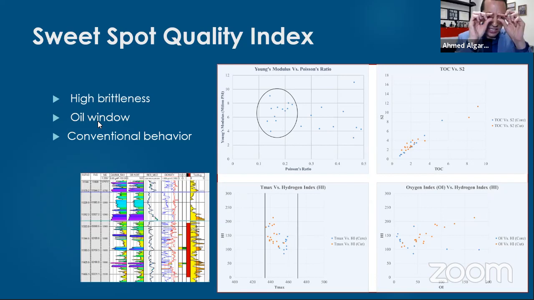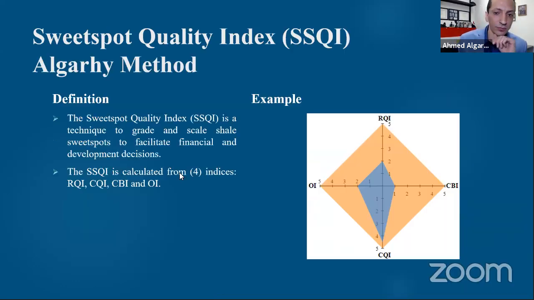So we consider that like a small conventional reservoir in the middle of the shale itself. It means we have these kinds of tiny sands or carbonate saturated with hydrocarbon in the middle of the shale.